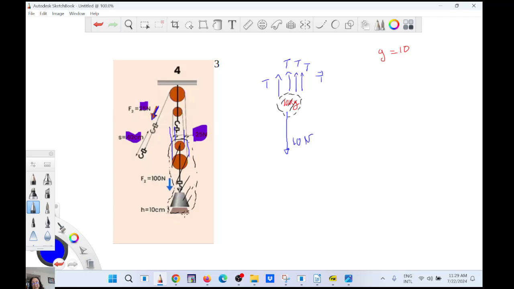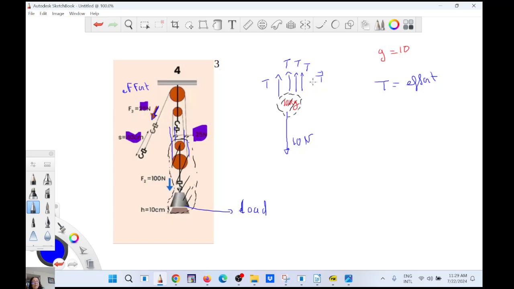So this here, that weight is called the load. That's your load. And here, that will be the effort. Okay, so we have T equals the effort. It's the same string, so this here will be the same as that T here.